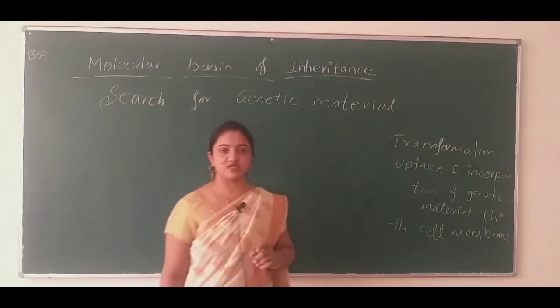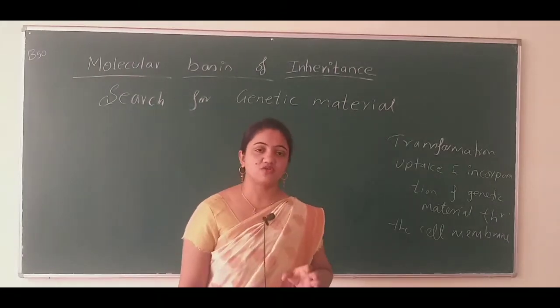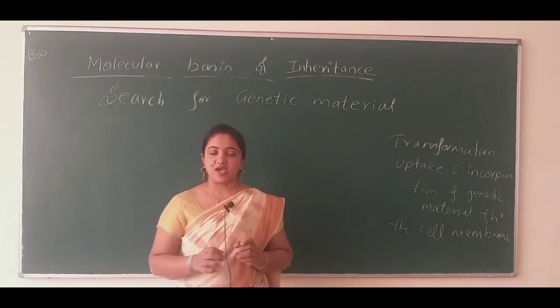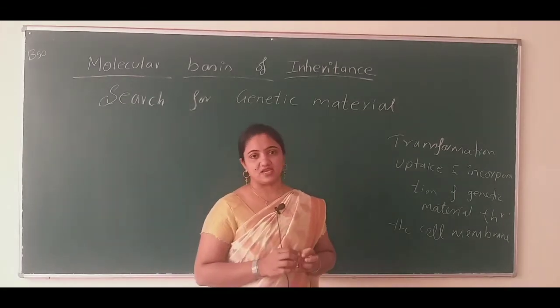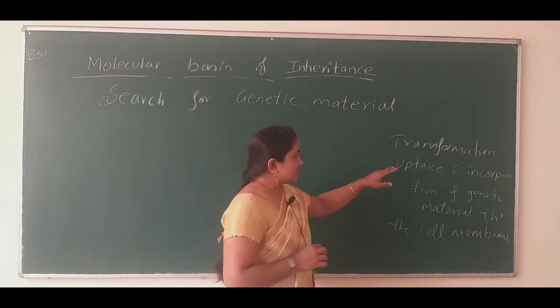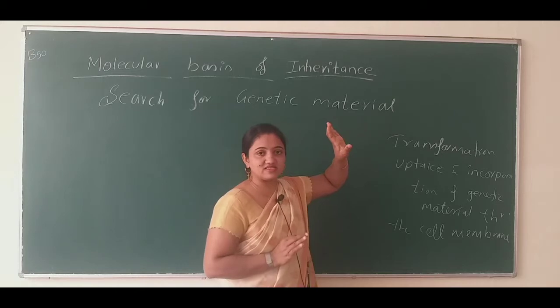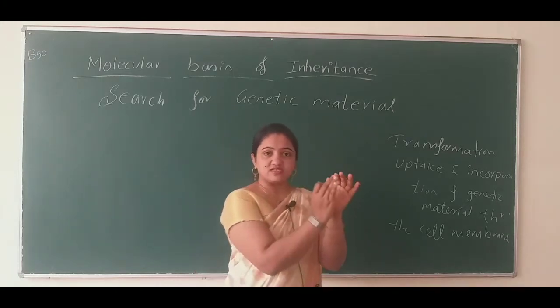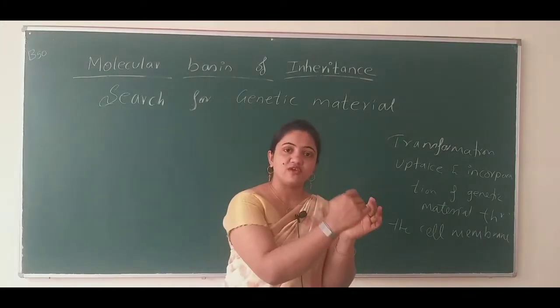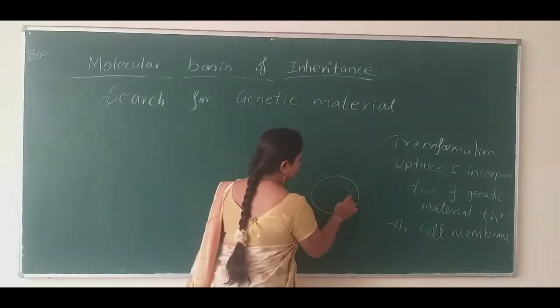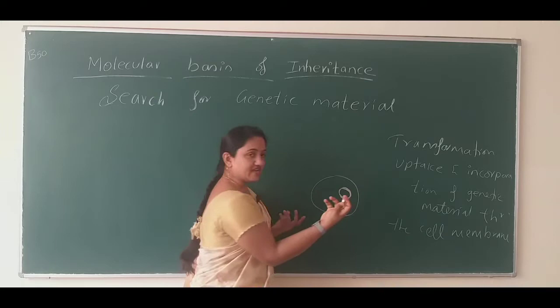So because we are in the molecular basis of inheritance, we have to talk about DNA, the transformation of DNA. In a cell, what we are doing is taking up the genetic material. Consider this is the genetic material or DNA.